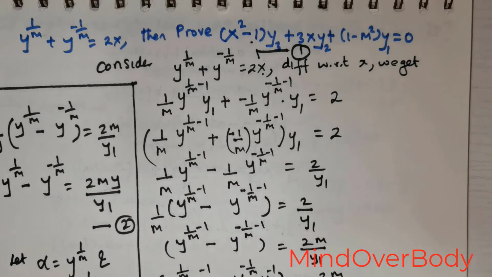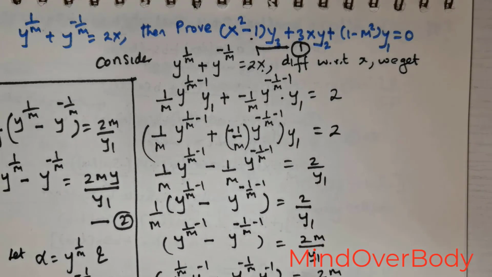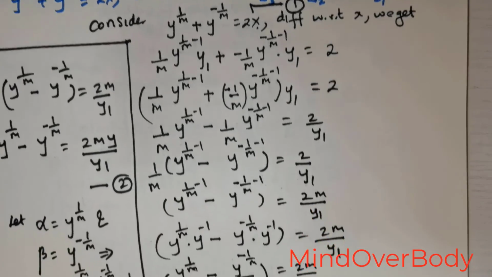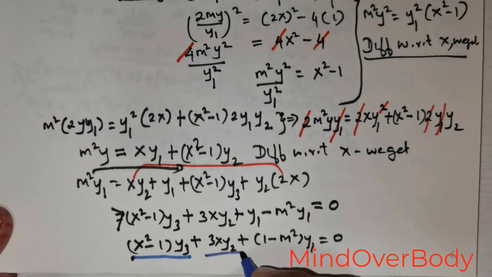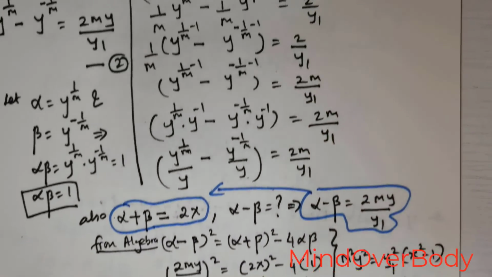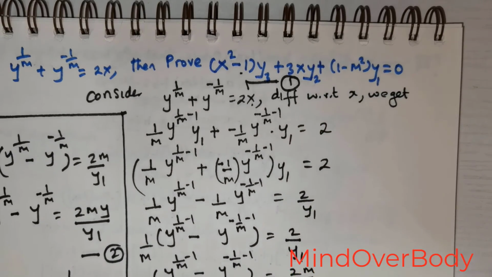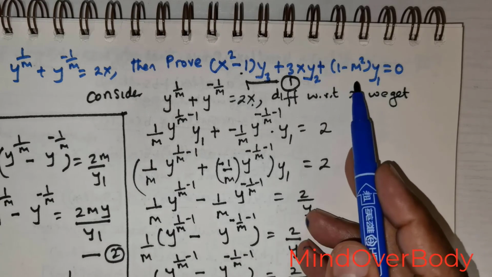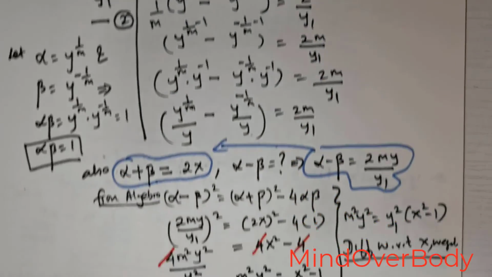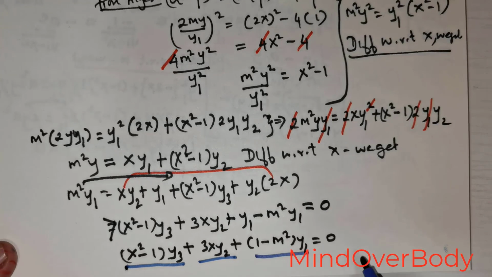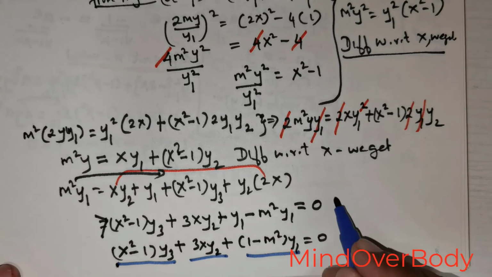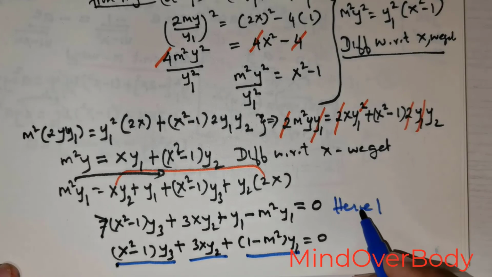The other quantity is 3 times x y2, 3 times x y2, check, and finally you got 1 negative m squared times y1, 1 negative m squared times y1. So hence we can state, hence proved.